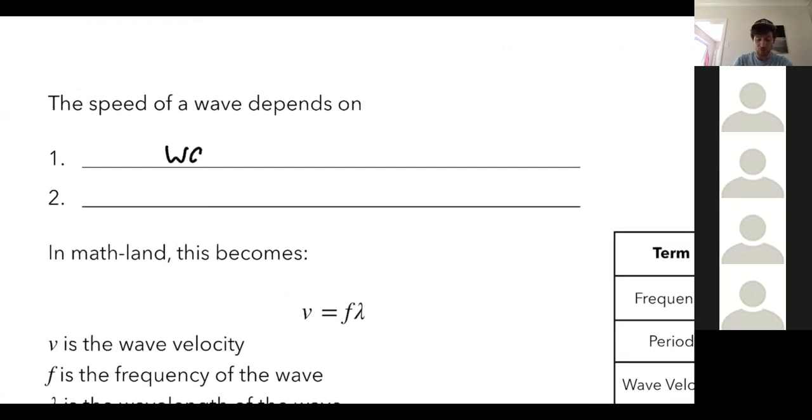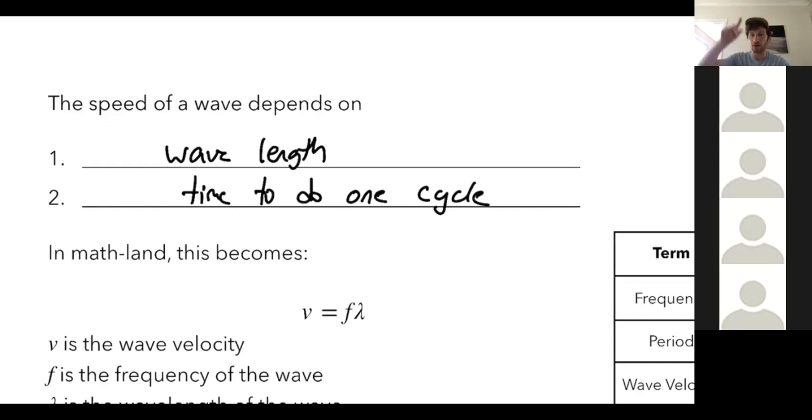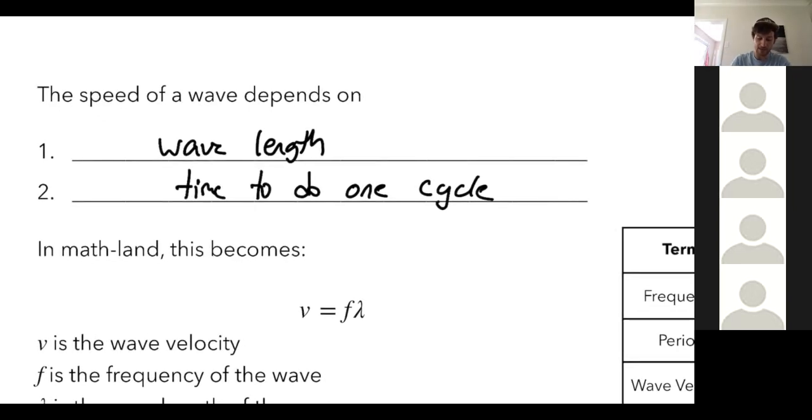It depends on the wavelength, so how long these waves are, and how long it takes for a wave to do one complete cycle, one full up and down. How long does it take for that wave to happen? Okay. And what that formula looks like is this: v equals f lambda.